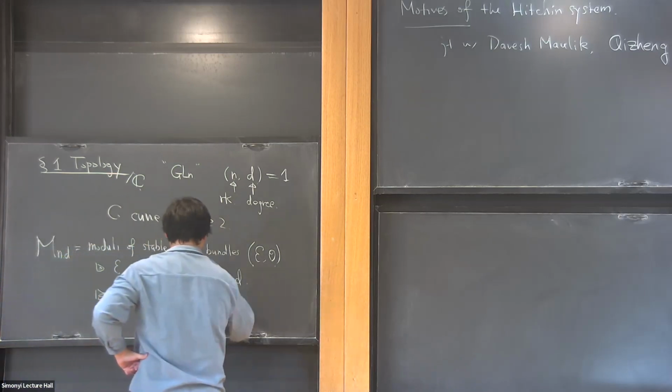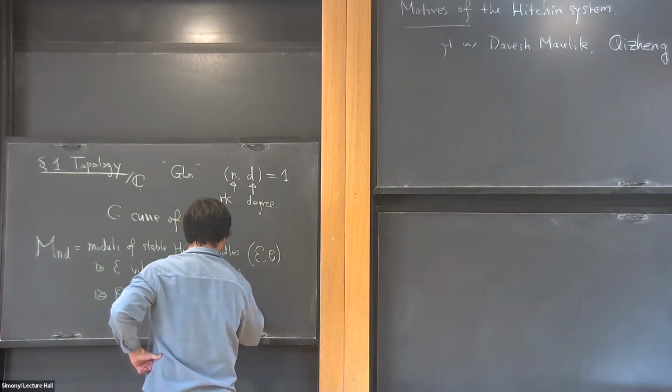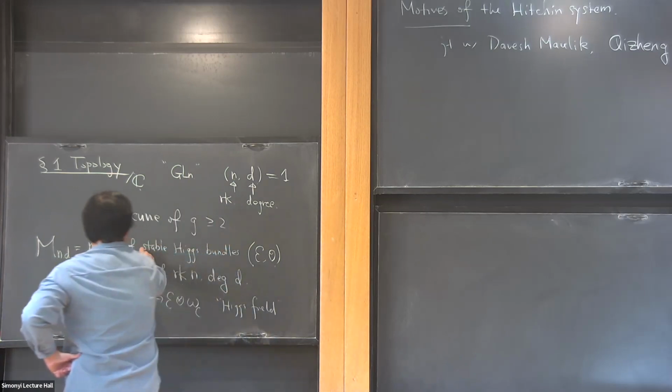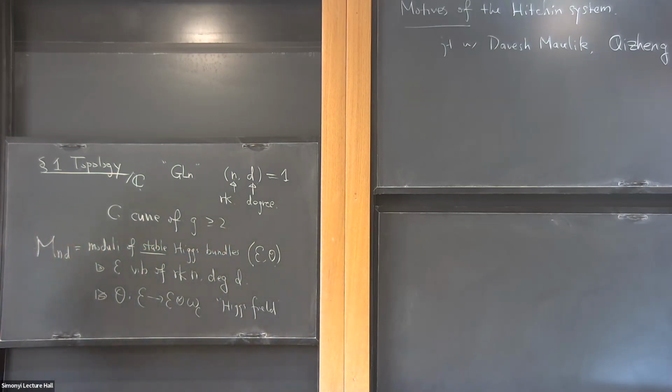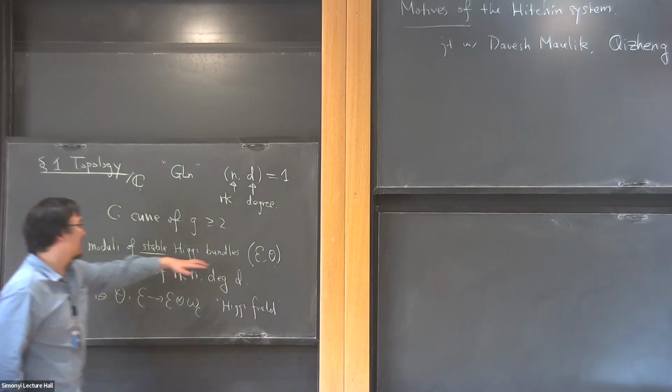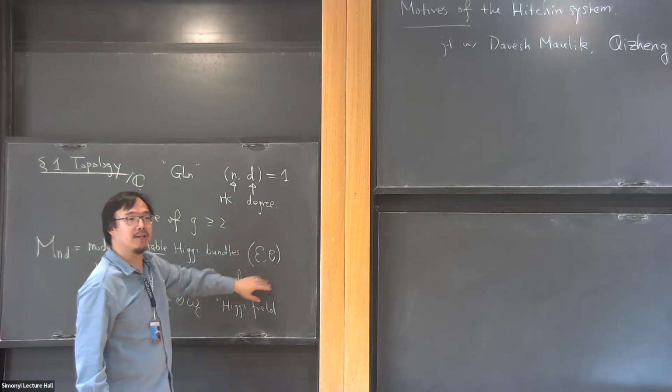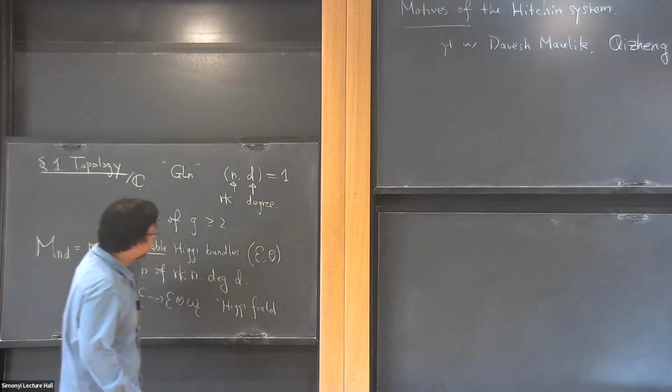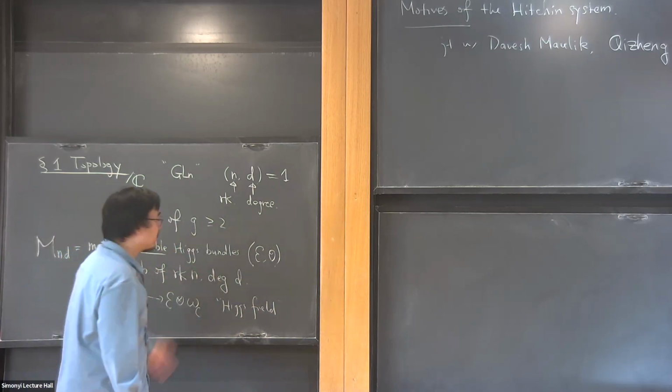So this is the Higgs field. And the stability is with respect to the slope, the degree of the bundle over the rank. So you require that every sub-Higgs bundle have a smaller slope.